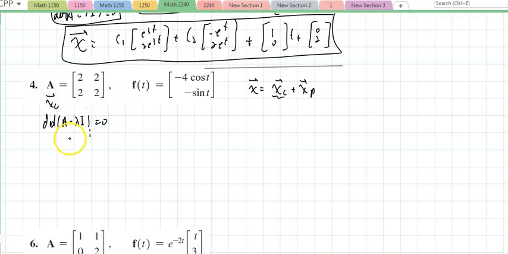Figure out the lambdas, and I'm going to get lambda equals 0 and lambda equals 4. With 0, I'm going to have the vector negative 1, 1. And with lambda equal 4, I'm going to get 1, 1. Again, I'm assuming you could do that.